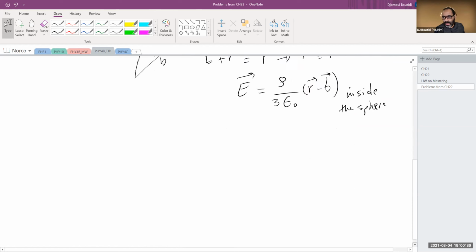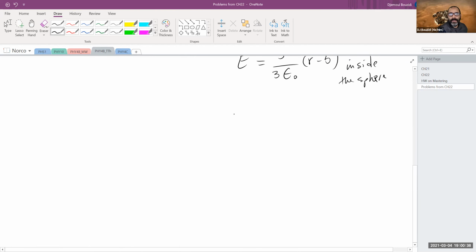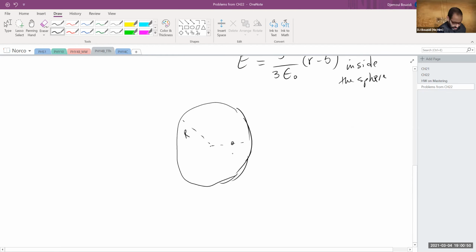So what we have in this part now, we have a big sphere. And this sphere happened to have a radius of R. And inside of it, at a distance B again from it, we have another sphere of radius A in such a way that A is less than B, because if A is actually equal to B, then we have a problem, because it's going to expand all the way to this point.